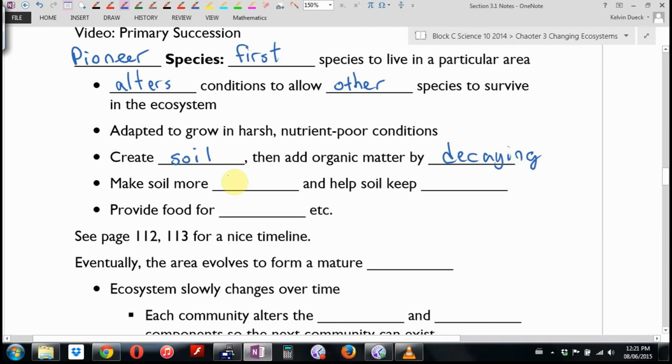So then they make the soil more fertile. And because the soil has a bit of a covering now, it also helps the soil keep in water. It doesn't evaporate so fast when the sun hits it.